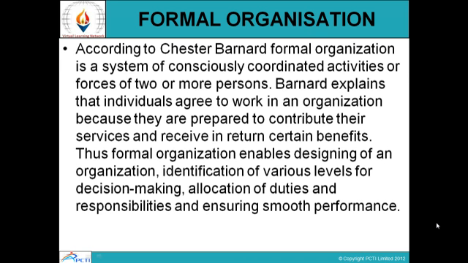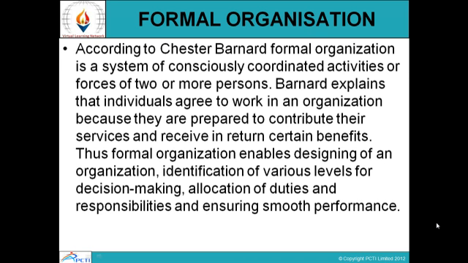Thus the formal organization enables designing of an organization, identifying the levels of decision making, how you are going to allocate the duties and responsibilities, and ensuring the smooth performance, the proper working of the organization.